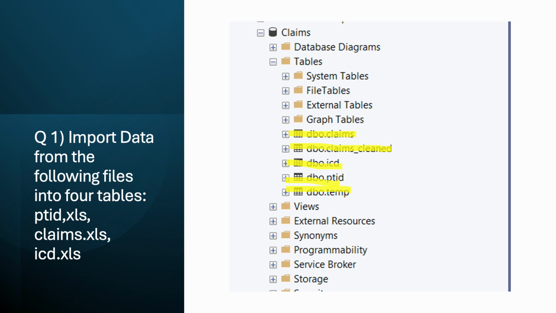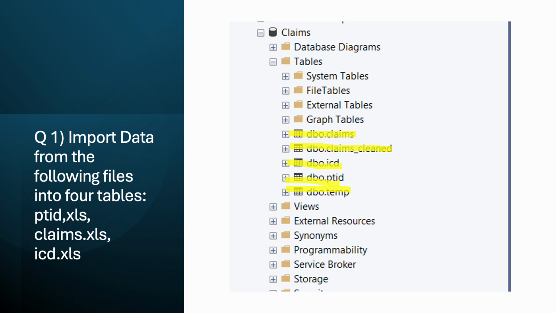I create a claims database, and if you can see, I highlight them in yellow: DBO claim, DBO claims cleaned, and DBO ICD, patient ID, and TIM. So I made one TIM and also clean. These are for different questions, but I'm going to focus on the claims database today. So that's how I imported my files into my SQL server.